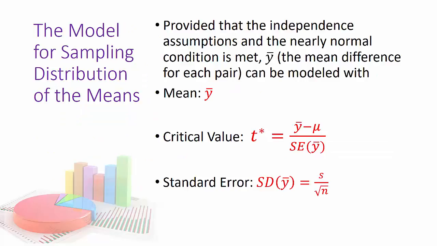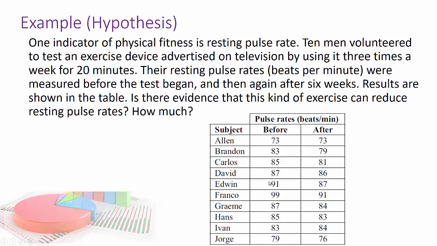We're going to do a t-test, and the model that we're using, I'm going to just use y bar. You might see d bar. Whatever symbol floats your boat. The main thing is this is the mean of the differences. This is the mean of the differences, all right? And critical values are calculated the same way as before. The standard error is calculated the same way.